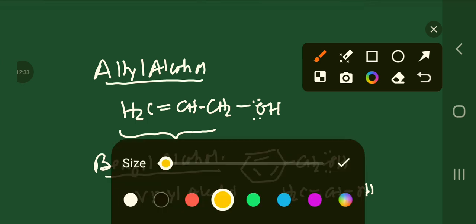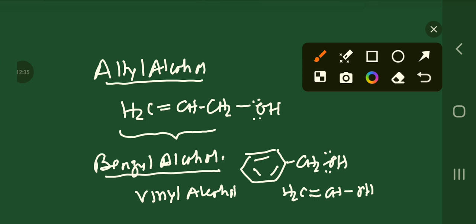Now we have classified all types of alcohol. The first was classification based on alkyl group, then classification based on functional group, and now in this particular part we are classifying alcohol on the basis of nature of hydrocarbon part.